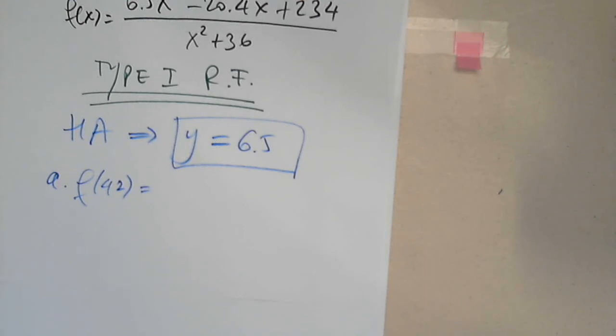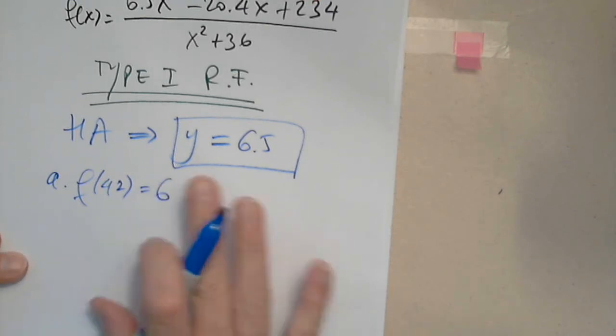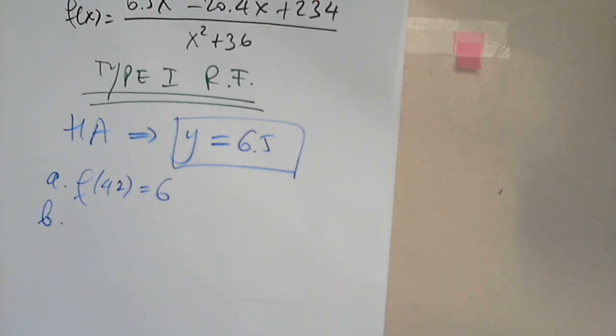What do we get? A pH of 6. Excellent. 6 has no measurement unit, it's just a number. Is that okay, everyone?